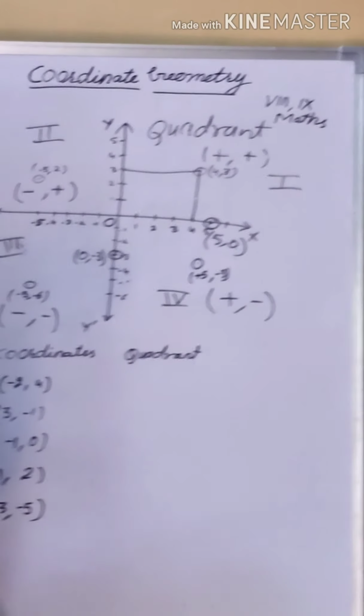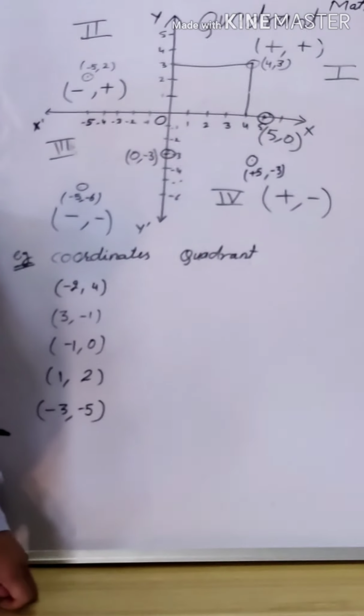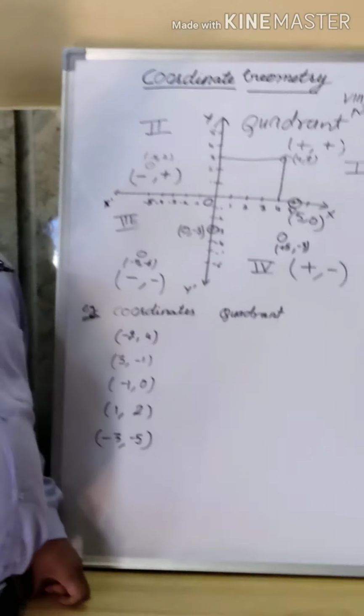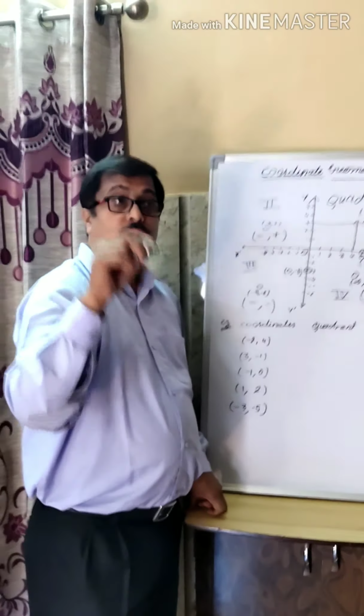Understand? So today we have learned, if coordinates are given, on which axis they lie and in which quadrant they lie. For example, we start with a question. You have to tell, for the coordinates given, in which quadrant or on which axis they lie.